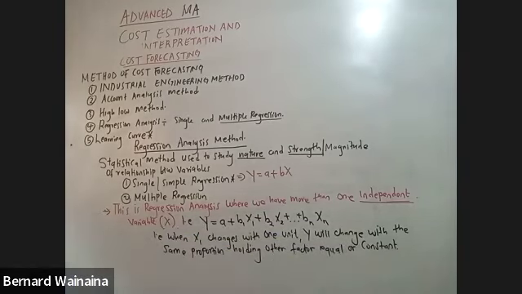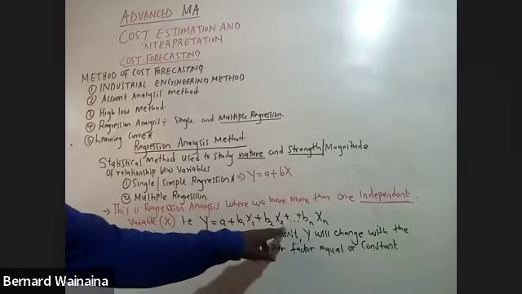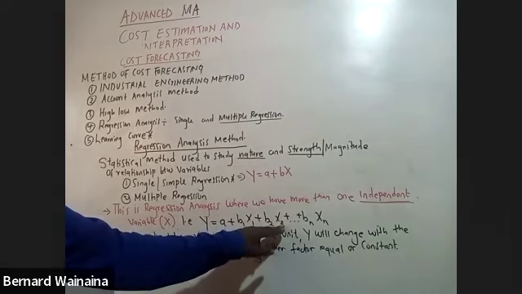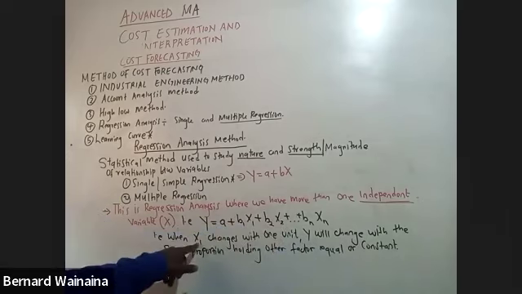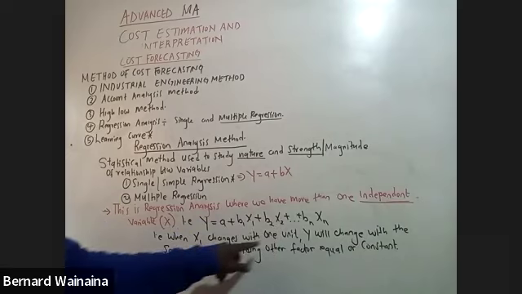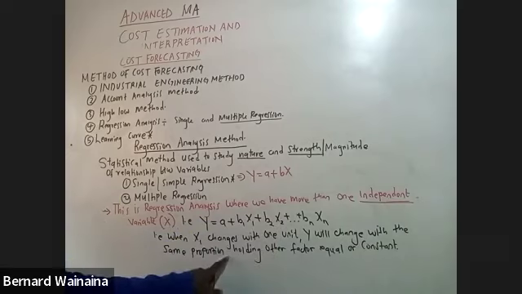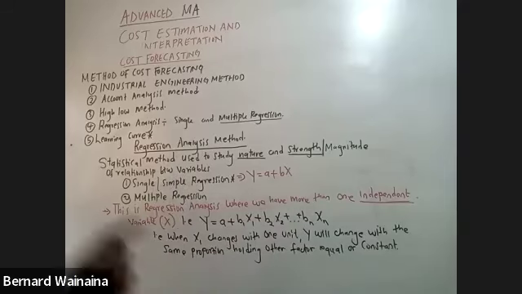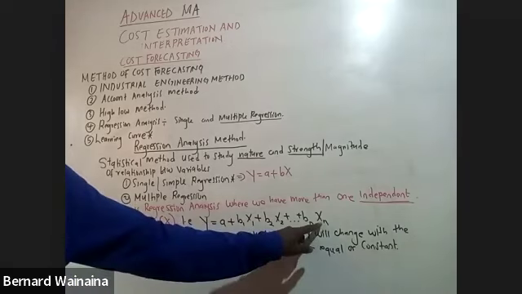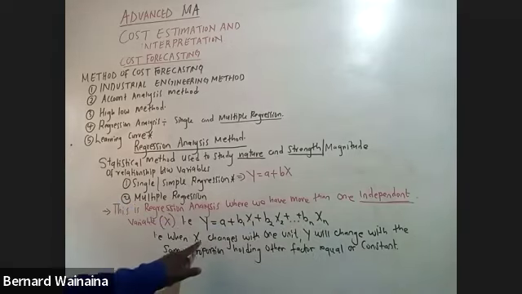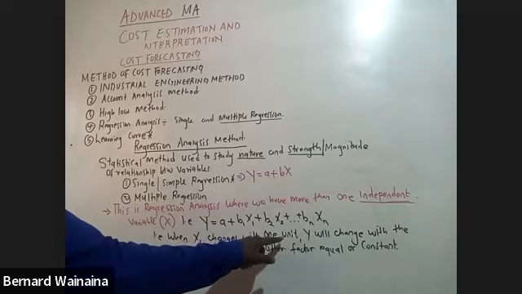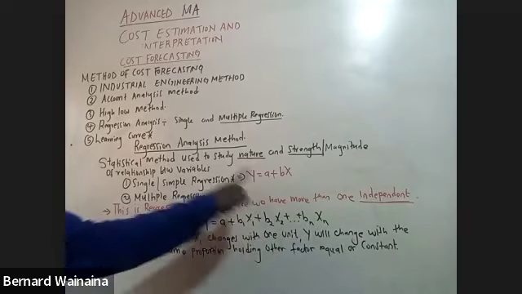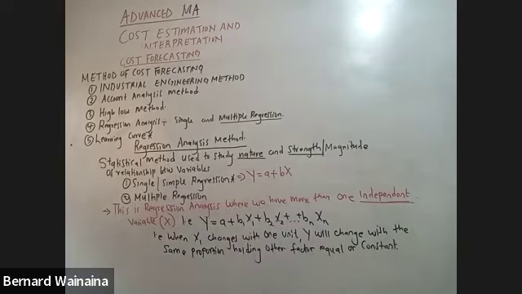If we want to vary variable x2, then we shall say when x2 changes with 1 unit, y will change with the same proportion, holding the other factors equal. Same if you want to vary variable xn: when xn changes with 1 unit, y will change with the same proportion, holding the rest of the factors equal.